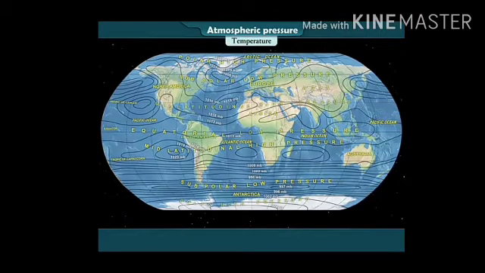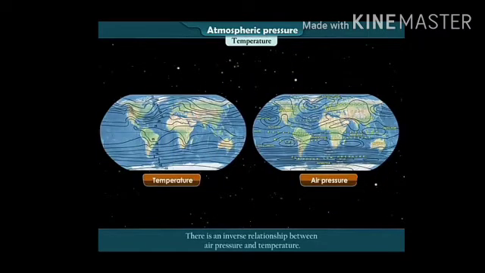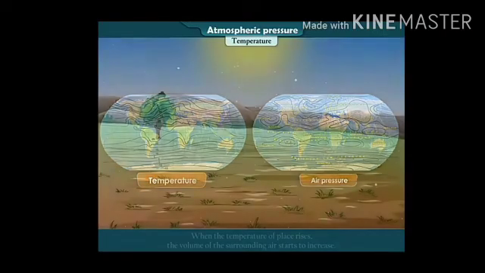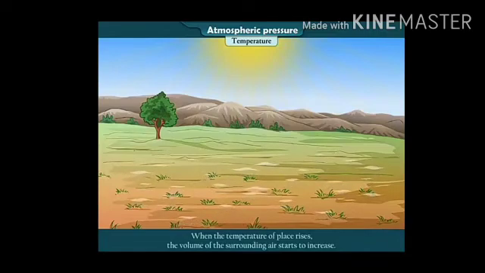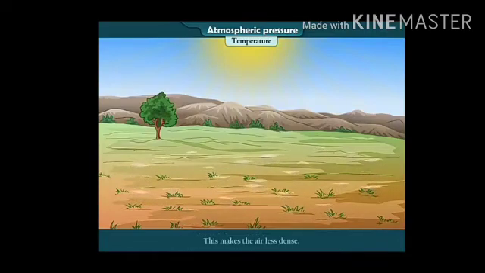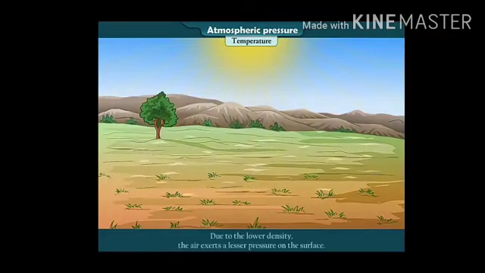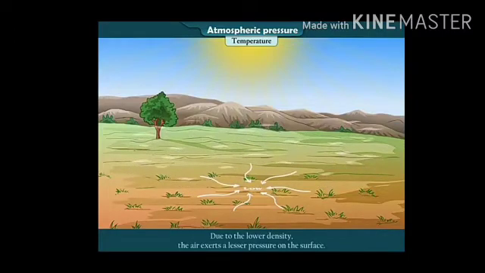1. Temperature. There is an inverse relationship between air pressure and temperature. When the temperature of a place rises, the volume of surrounding air starts to increase. This makes the air less dense. Due to the low density, the air exerts a lesser pressure on the surface.